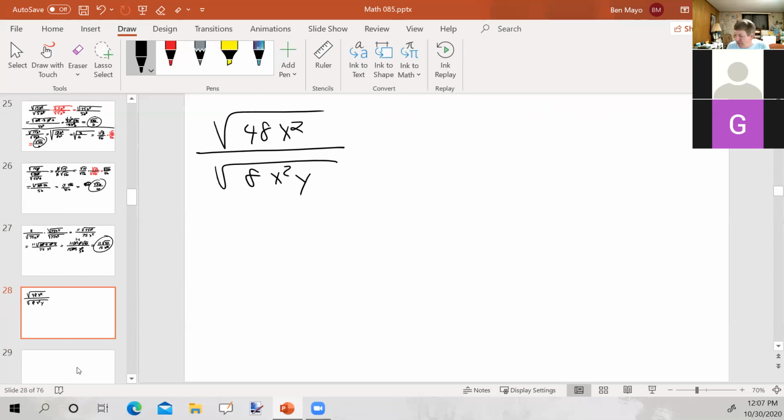We want to ultimately rationalize the denominator and simplify the whole mess at the end. Do you want to just immediately rationalize the denominator, or do you see something else that might make life easier? We can just rationalize it. Really? Or you can break down the 48, I guess.